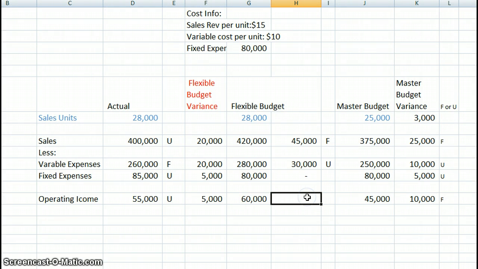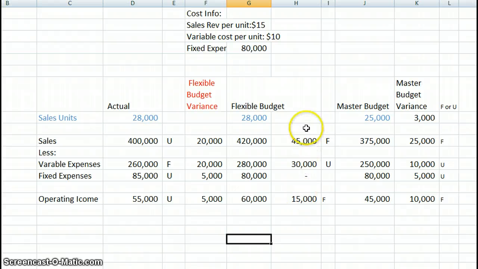Whenever you put a 0, you do not need to put unfavorable or favorable. I know my Excel makes it a dash, but you should put a 0 there when you're filling in your worksheets. For operating income, for your master budget, you're expecting 45. Flexible budget says 60. That's a 15,000. And since it's an operating income, it is going to be a favorable.